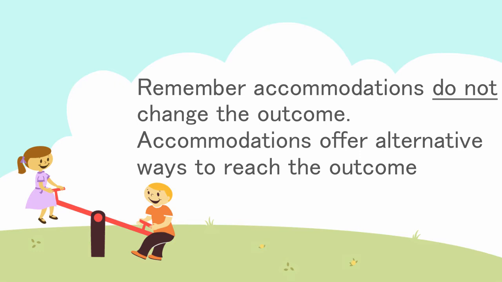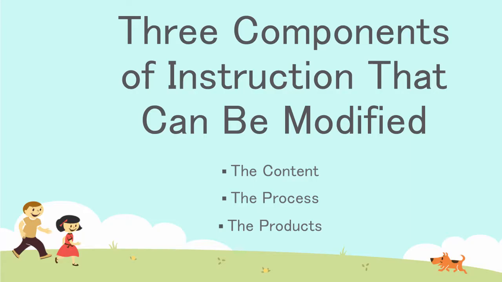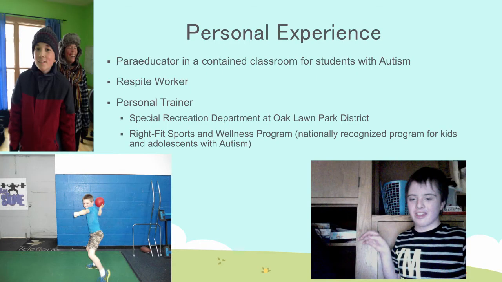Okay, so to review, the three components of an instruction that can be modified are the content, the process, and the products. Now I'm going to go into my personal experience and professional experience using differentiated instruction for adaptive PE. So I'll start off with my experience as a paraeducator in a contained classroom for students with autism.